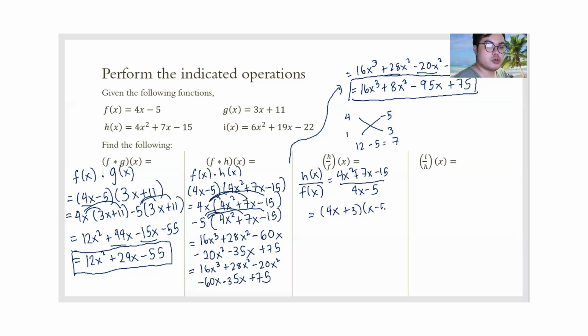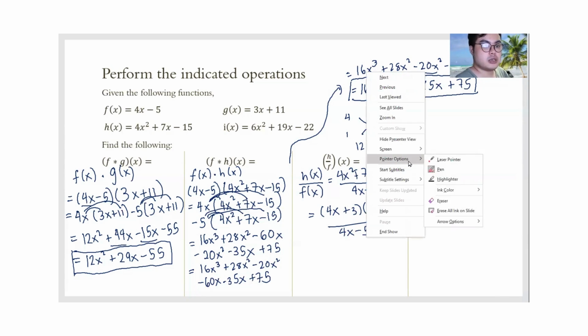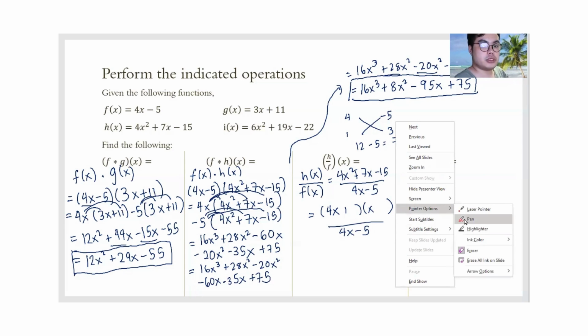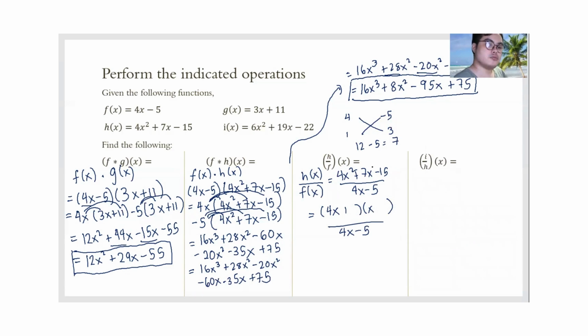If they have no common factor, that will be the answer. However, this is a mistake. If we multiply, this will be negative 17 in the middle. So we need to change this and correct this. We're going to rewrite.